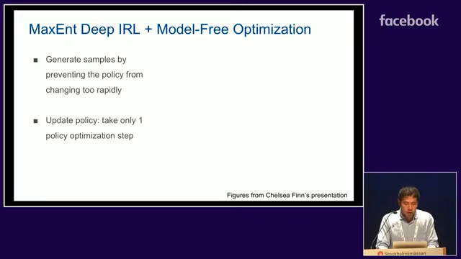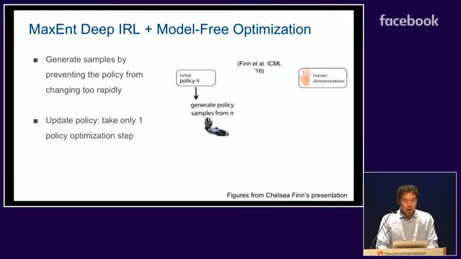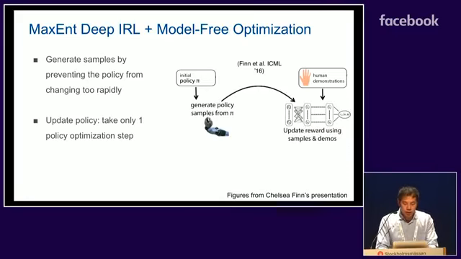And so this is a high-level overview of the guided cost learning algorithm. For each loop, say we have a current policy, we would generate sampling distributions, which are a set of trajectories not far away from the ones induced by the current policy. And these sampled trajectories are then combined with existing expert demonstrations, and we can use them to estimate the gradient of the log likelihood to update the reward parameters.